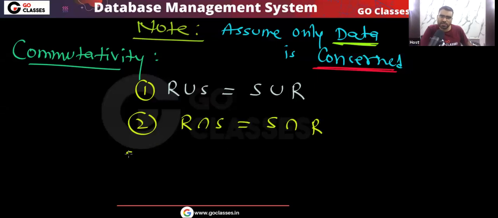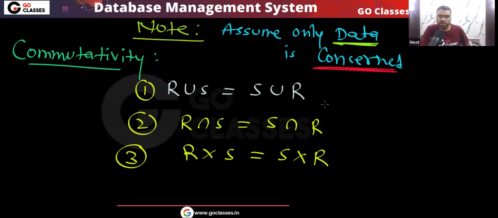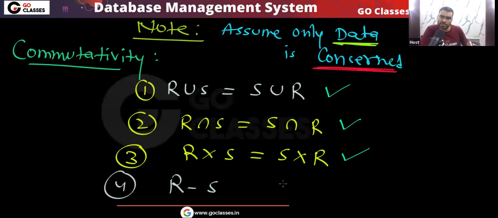Yes, that is also correct. What about R cross S, S cross R? If only data is concerned, yes, all of them are correct. But what about R minus S and S minus R? If only data is concerned, can I say they will be the same? No, they will not be the same.